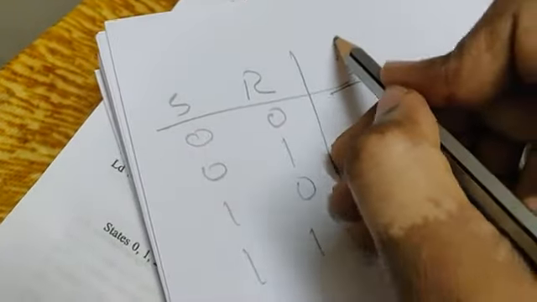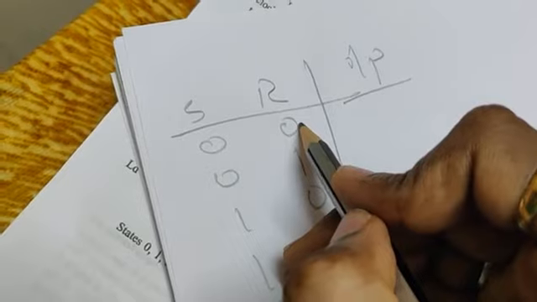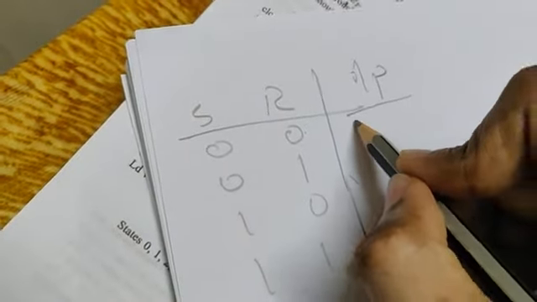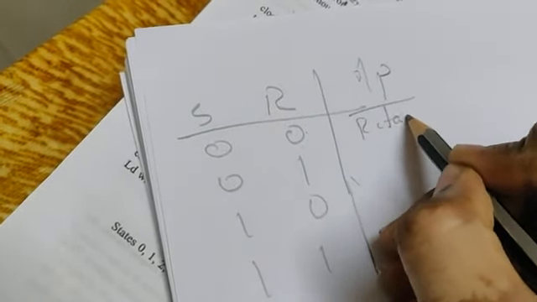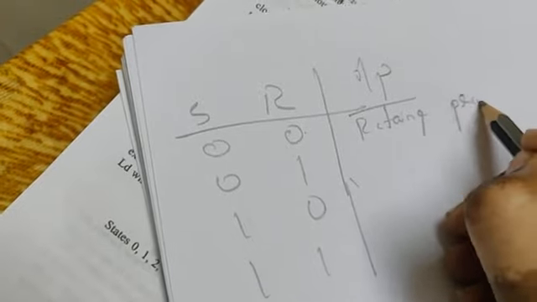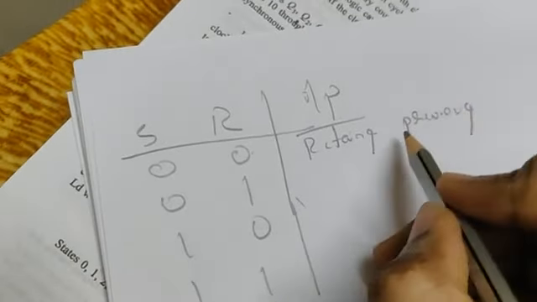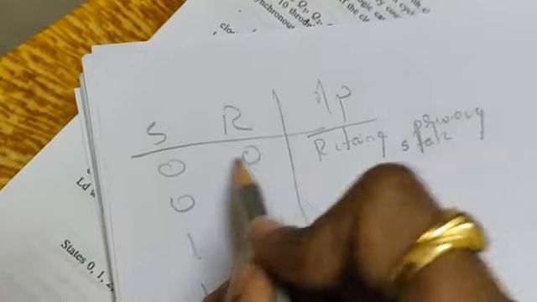So this is the output. When both the inputs are 0 and 0, whatever data is present in the flip-flop previously will be retained, the previous state, when both the inputs are 0 and 0.